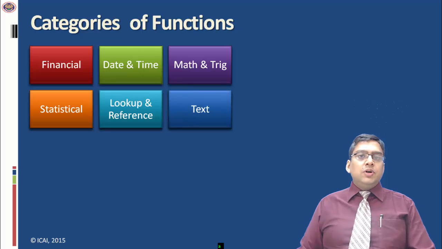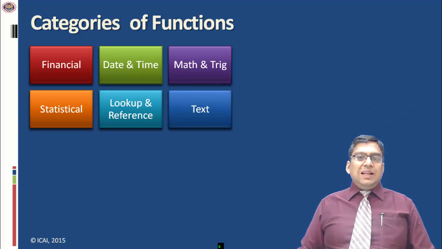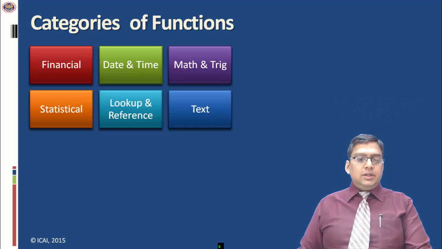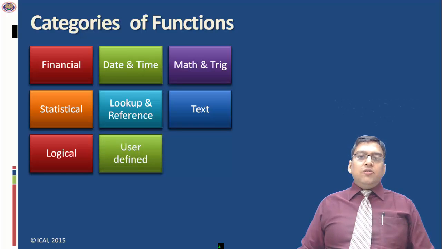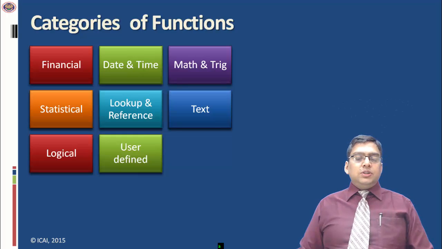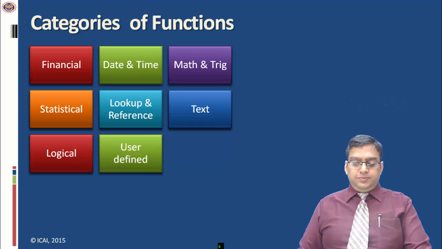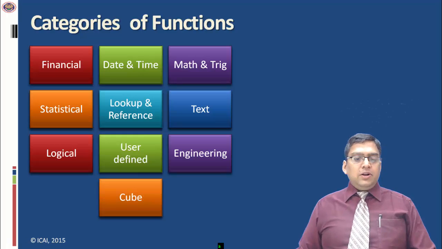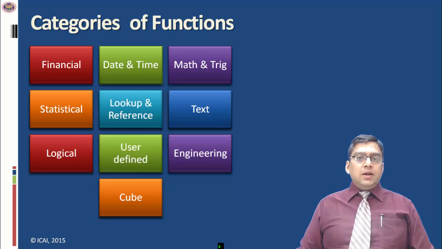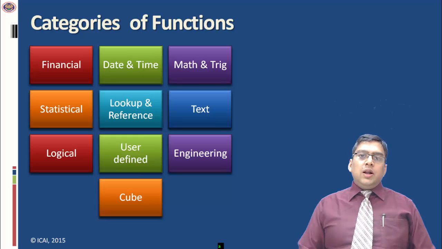Text functions like TRIM function, PROPER function, LEFT function, RIGHT function, etc. Logical functions like AND, OR, IF, nested IF, etc. User defined function, where we use any function within a function, like IF with AND or OR. Engineering functions like COMPLEX and DELTA, and the last one is cube functions like CUBESET. These all functions are available in the Formula tab in Excel.